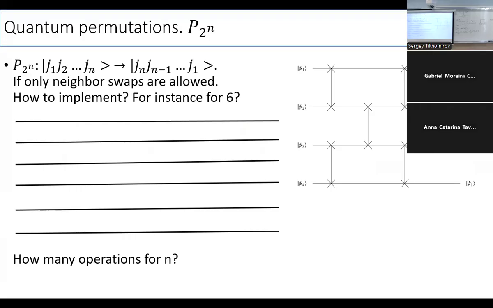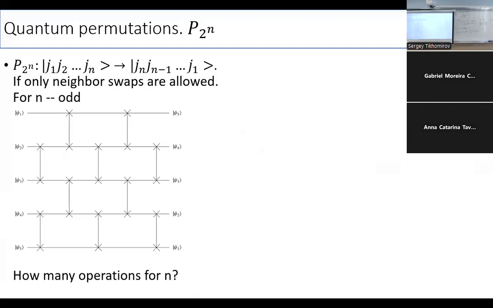I don't want us to spend so much time on constructing such sequences of swaps. Actually for 6 it is here, and this is for 5. But in general, the number of operations which I would have here is of order n squared, very roughly n squared over 2.